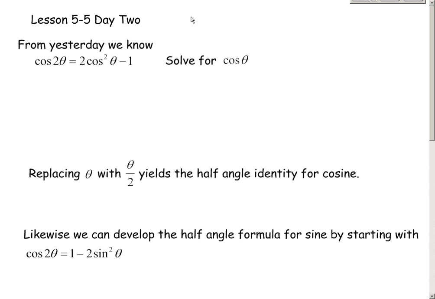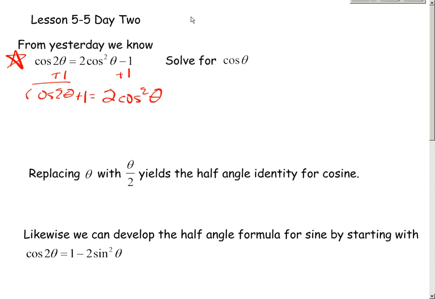From our previous work, we know that the cosine of 2 theta is equal to 2 cosine squared theta minus 1. If we take that and solve for cosine of theta, we would add 1. So we have cosine of 2 theta plus 1 equals 2 cosine squared theta.